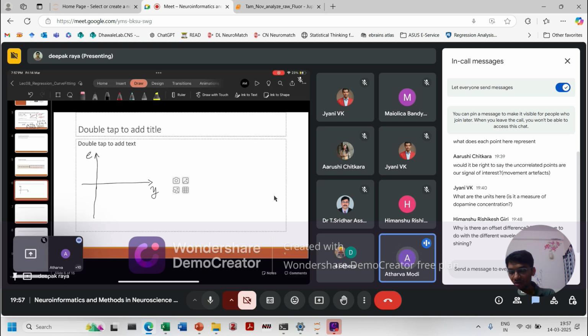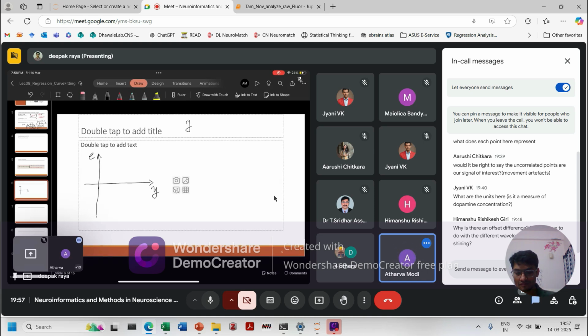Let's say what we are trying to do with the linear regression is that we assume that the population is linearly related in y and x. Basically the population itself has some formula that y is equal to beta naught plus beta 1 x plus epsilon. Now you see I am not using a cap on beta naught and beta 1 because these are true population measures that we cannot ever estimate.